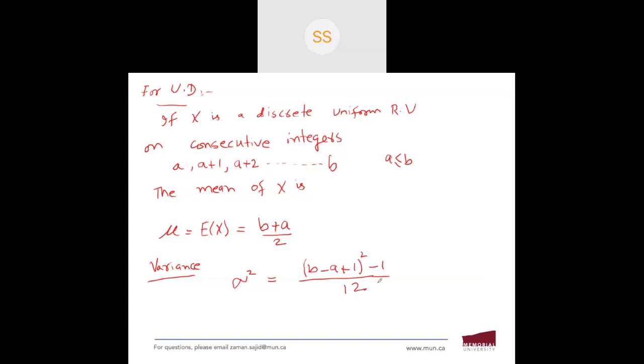That's the formula for your variance. And if you want the standard deviation, you just take the square root of this sigma squared. This will give you the standard deviation.